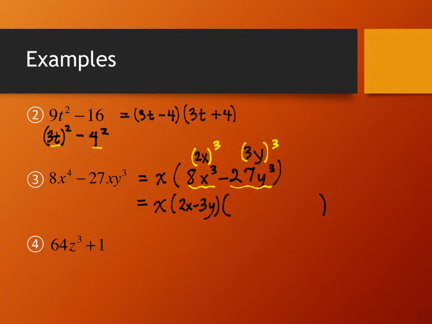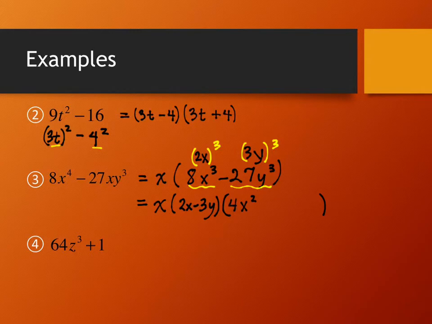So the part right here where it says 2x cubed, I need to know what is 2x squared. So what is 2x quantity squared? Well, x squared. And what's 2 squared? 4. So I get 4x squared.